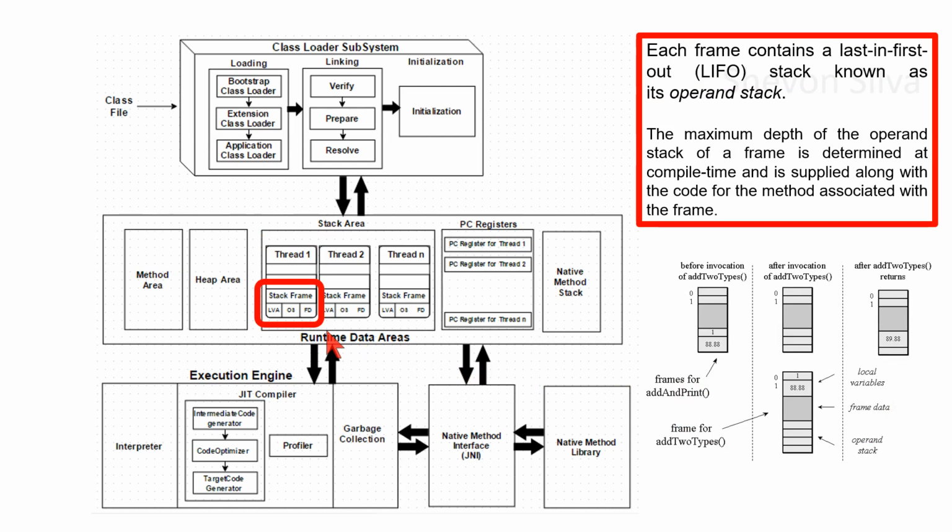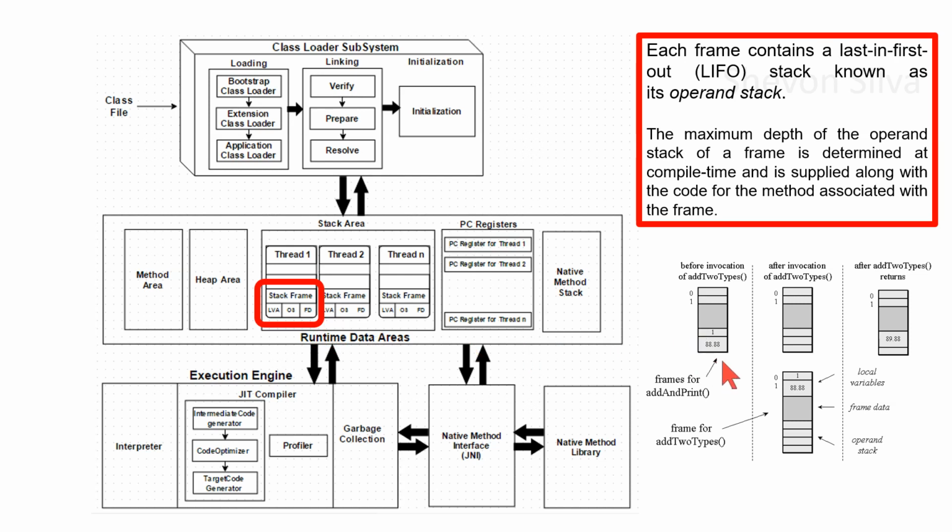Now we are focusing on stack frame. Each frame contains a last in first out stack known as its operand stack. The maximum depth of the operand stack of a frame is determined at the compile time, and it's supplied along with the code for the method associated with the frame.